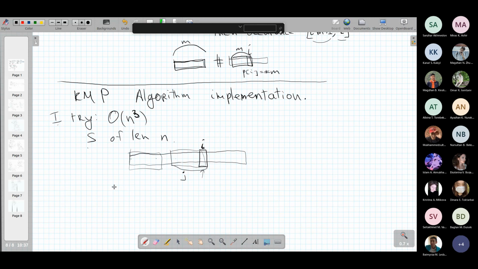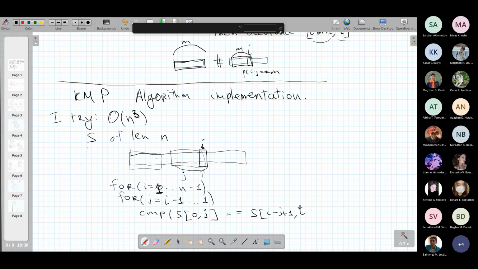For I from 1 to n, since p of 0 is always 0, for j from the largest length, I minus 1, down to 1, try to compare the string from 0 to j with the string ending at I of length j.